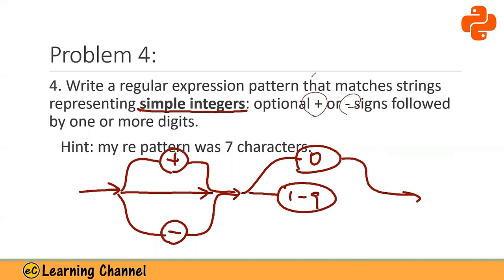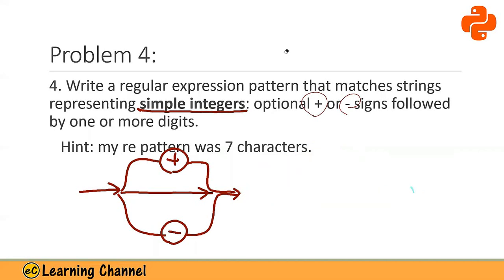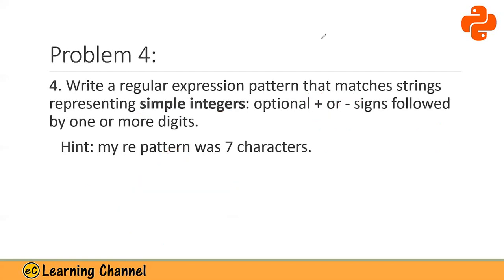You won't have something like 0, 0, 0, 0, 0, 1. That's impossible, that's not our format. So you treat the 0 as a special case. I'm sorry, let me change it.